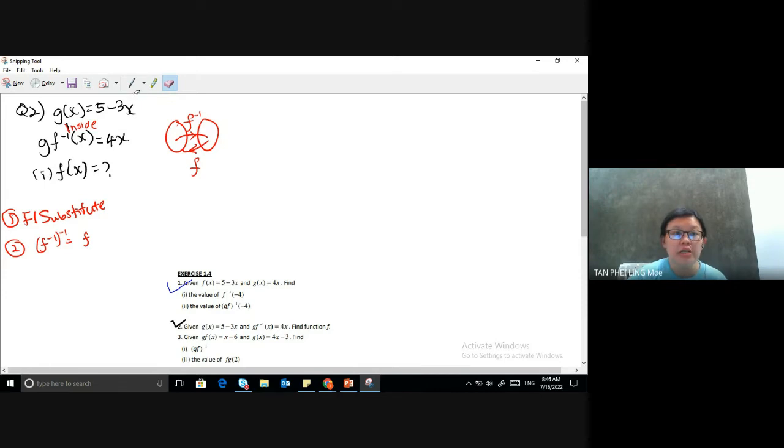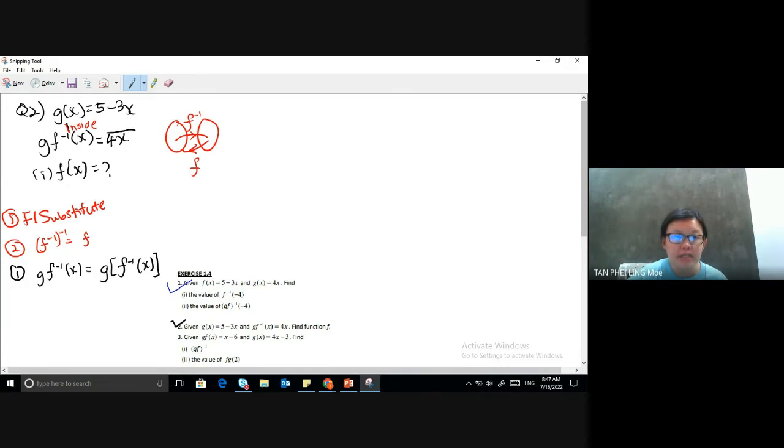Let's do it. Let me use black color. The very first step is f inverse. We start with f inverse first. So f inverse will be gf inverse. We have gf inverse given to us. So remember, always write down g f inverse x. Then gf inverse x is given, right?